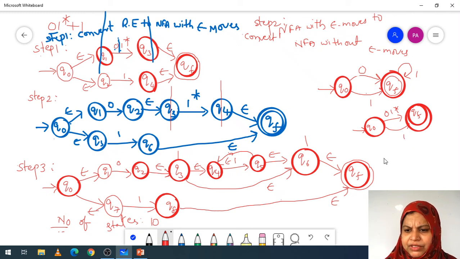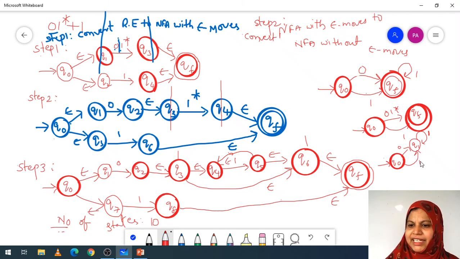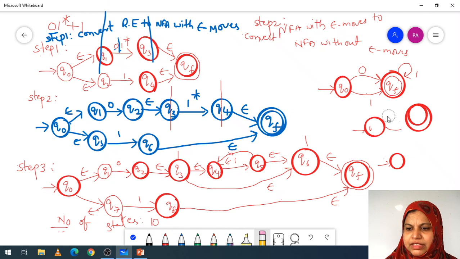Now if I convert this one, Q naught, this is the concatenation, 0 Q1, this is epsilon 1 star, then 1, this is the concatenation. So now this becomes the final state, 0 1 whole star. This is the conversion of NFA with epsilon moves to without epsilon moves.